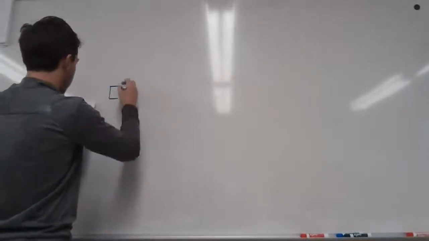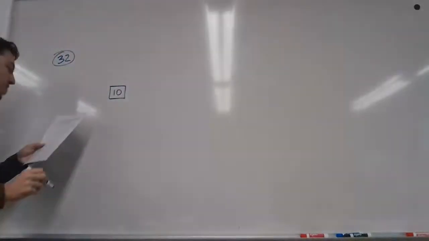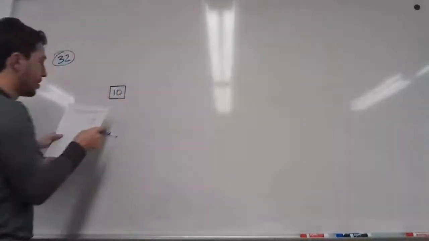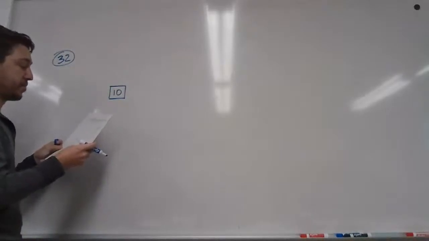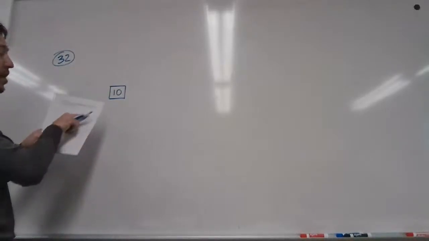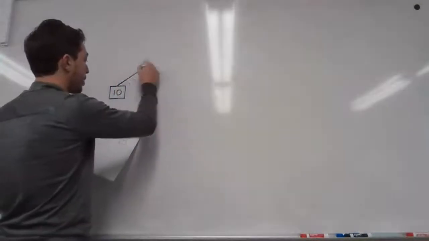Okay, so 32. I call it kind of the broom problem because this is a 10 kilogram block, and it is being pulled to the right at this funny angle here.